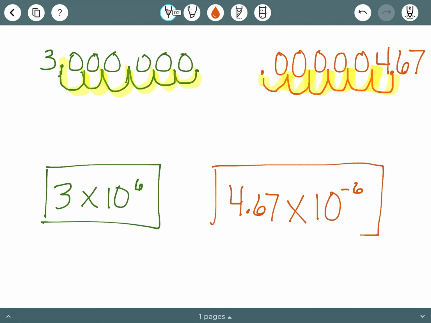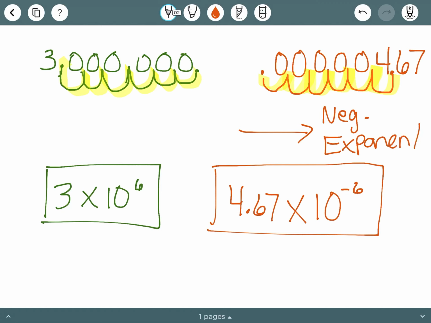Now, in the first one, we moved our decimal to the left. So if we move the decimal to the right, that gives us a negative exponent. And if we move our decimal to the left, that gives us a positive exponent.